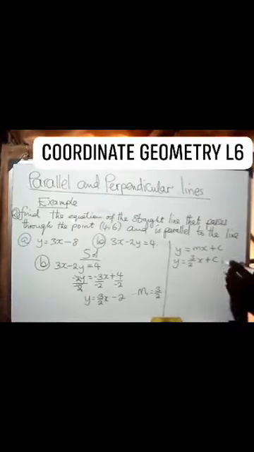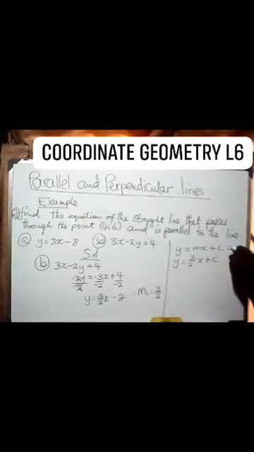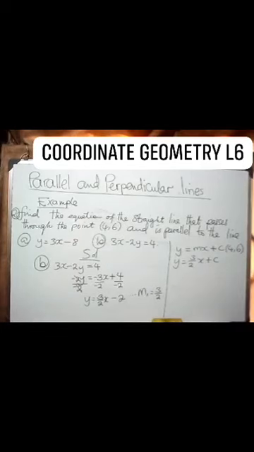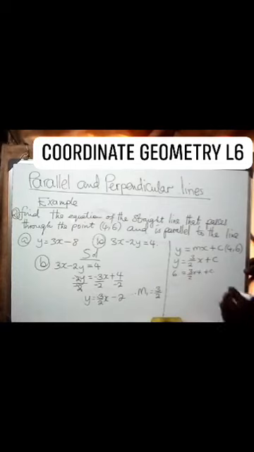Let us now find the value of c. Since this line is passing through (4, 6), meaning where there is x, I'm going to write 4, where there is y, I'm going to write 6. So I'll say 6 is equal to 3 over 2 multiplied by 4 plus c.